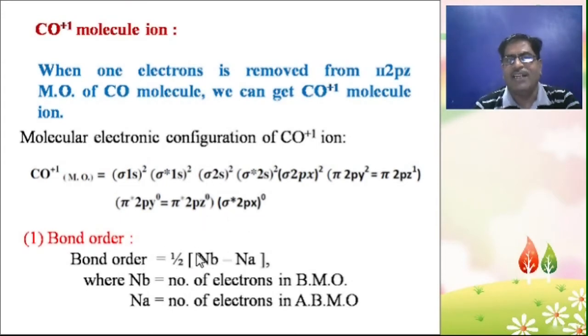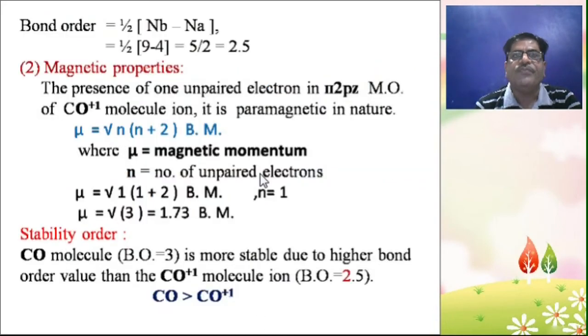Now let's calculate the bond order of the CO+ molecule ion. Bond order is equal to 1/2 (NB minus NA). How many electrons are in BMO? 9 electrons in BMO and 4 electrons in ABMO. So 9 minus 4 is equal to 5, and 5 by 2 is equal to 2.5. Therefore in the CO+ molecule ion the bond order value is 2.5.